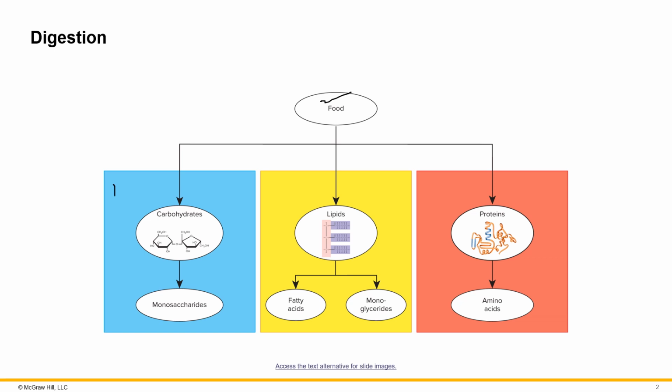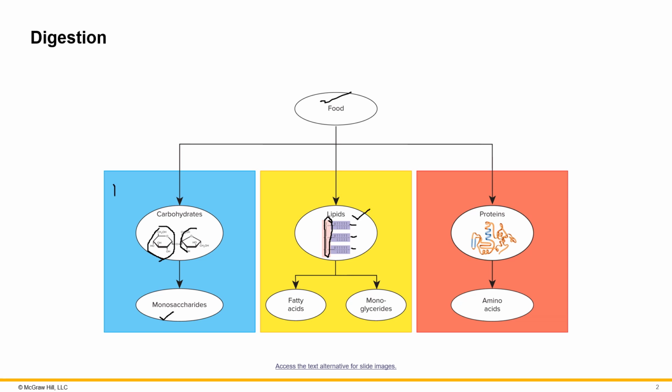Carbohydrates are basically repeated units of C6H12O6, which is the monomer of carbohydrate, and that is called a monosaccharide. In terms of lipids or fats, lipids are made up of a glycerol backbone, and this backbone can either have 1, 2, or 3 fatty acid chains attached to it.